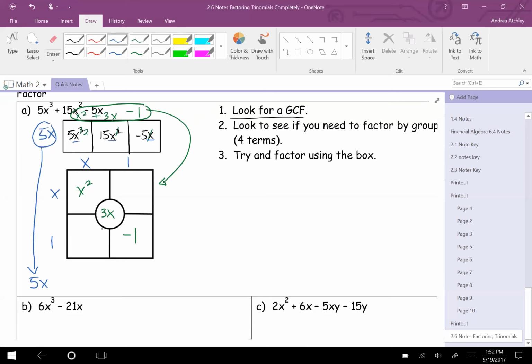Then we check it. This is 1 times my x to get 1x. This is my x times the 1 to get 1x. This is a negative, so I know I'm subtracting.